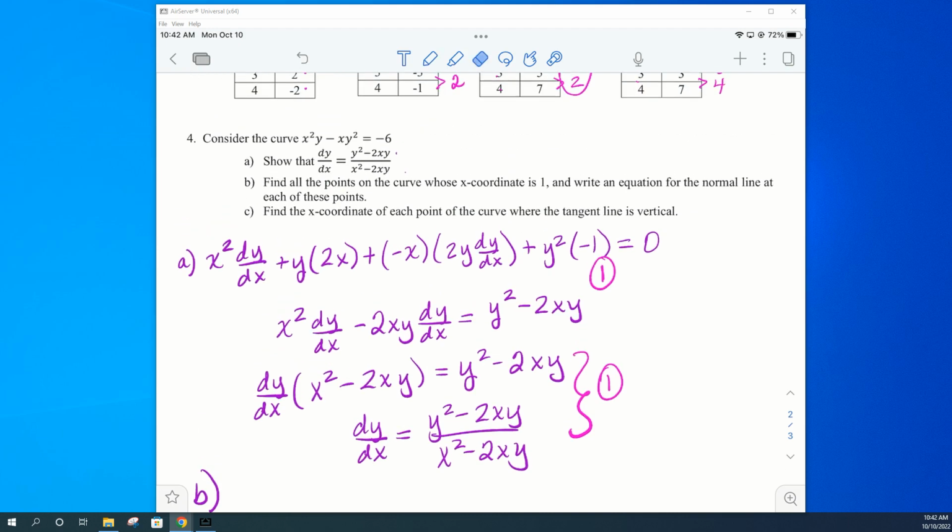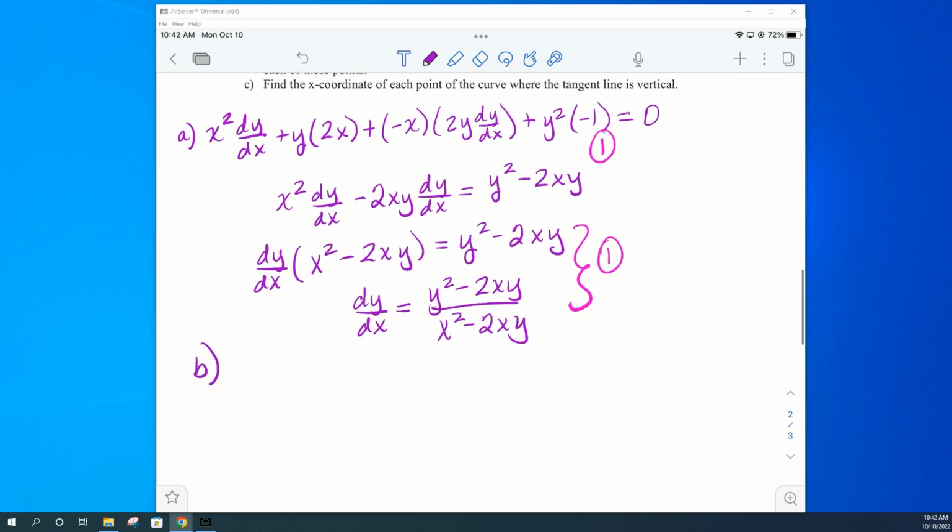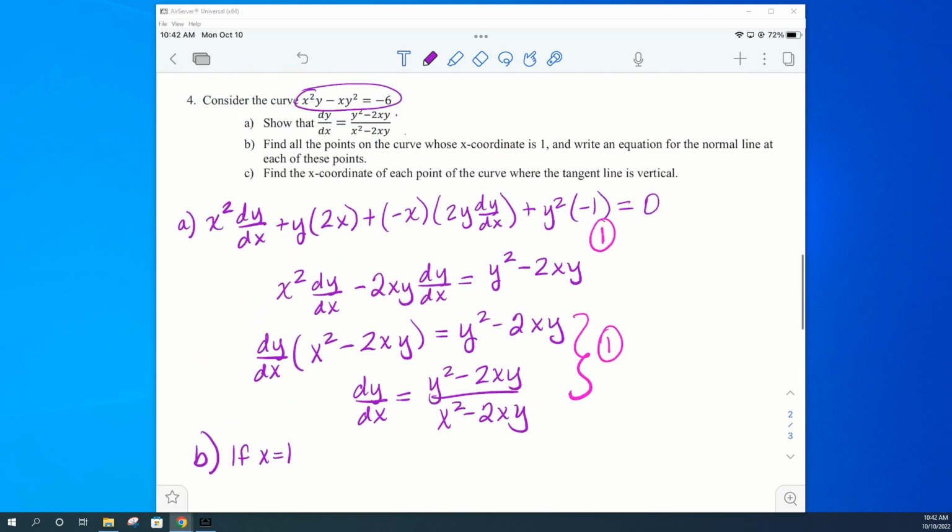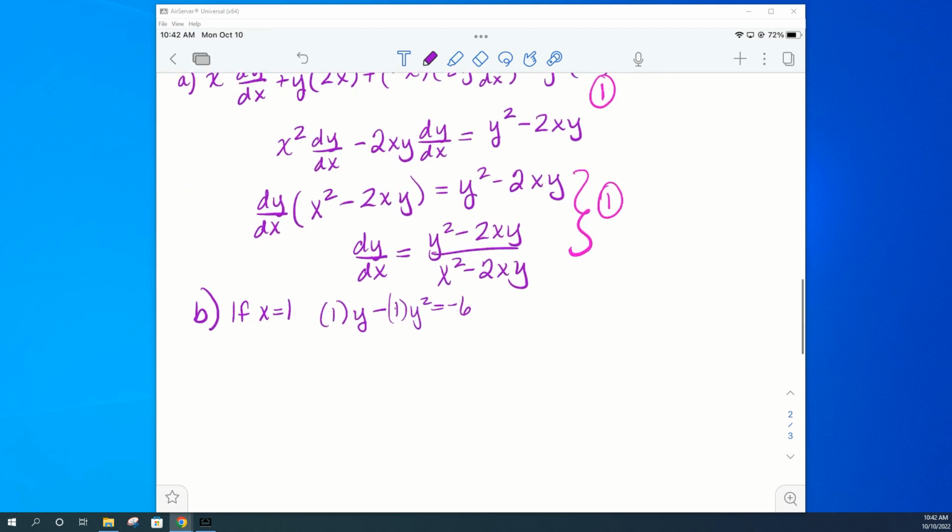Now I'm going to erase this, and I'm going to go back to my original, and plug in 1 for x. So if x is equal to 1, I'm going back to the original, and I would get 1 times y, because 1 squared, of course, is 1, minus 1 times y squared is equal to -6. I'm going to choose to move to the right, so my y squared is positive. The y would be negative, and then I have -6.